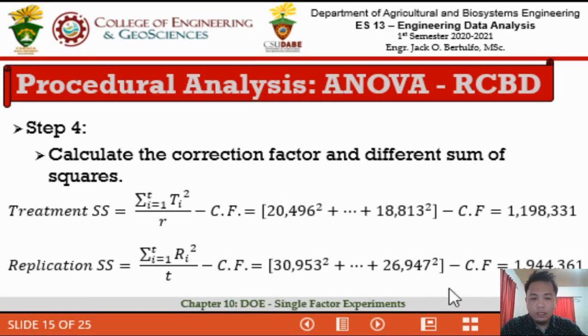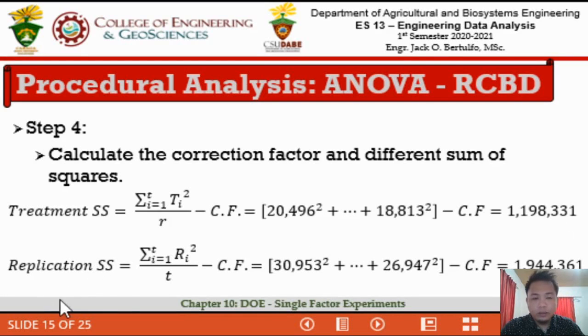Then the next thing to do is solve for the treatment SS, following the same formula as previously. Square all the treatment totals, then add, then minus the correction factor, and you have the treatment SS.